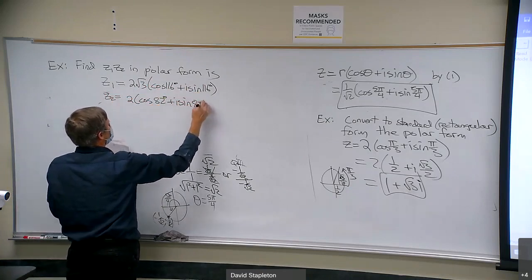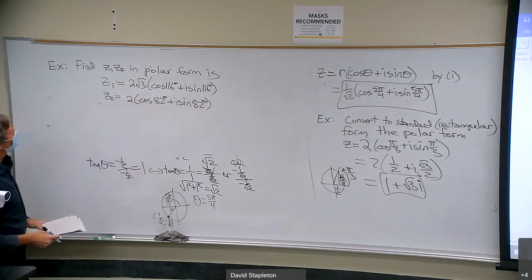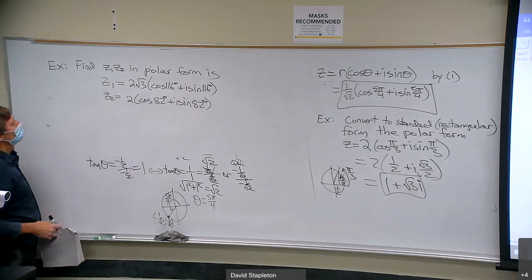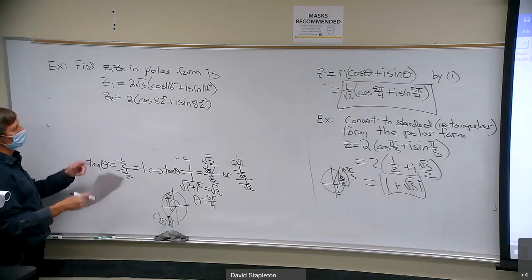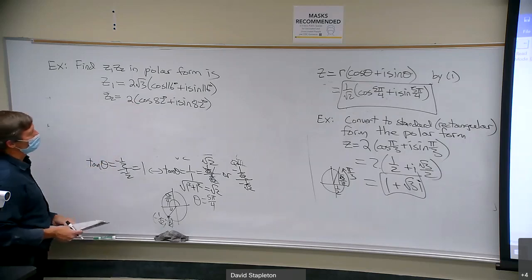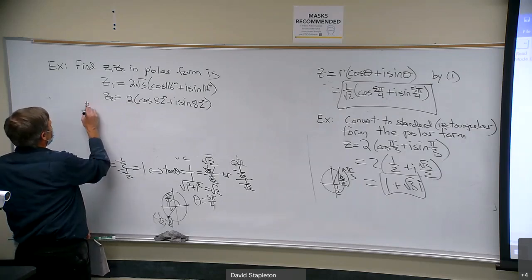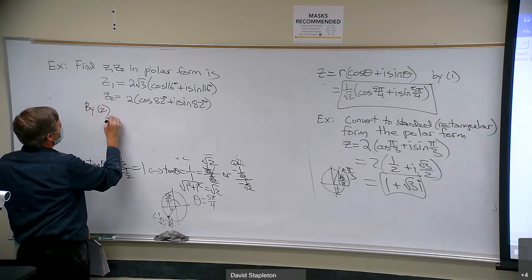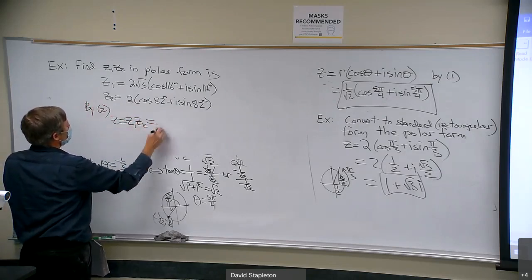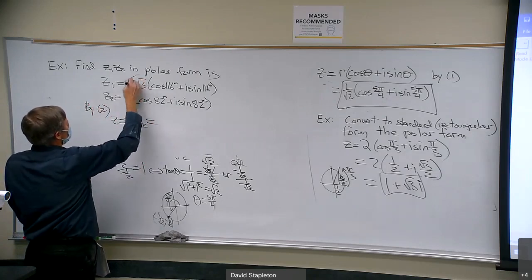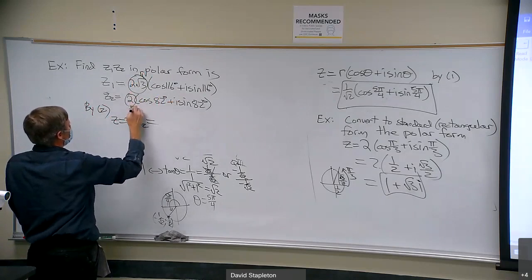Suppose these are my two complex numbers in their polar form, r cosine plus i sine. What is their product? Instead of multiplying it out like we did before, foiling their rectangular forms, let's multiply them in polar form. By equation 2 that we had there, the product of z1 and z2 is r1 times r2. Well, this is r1, whatever multiplies cosine plus i sine, and this is r2.